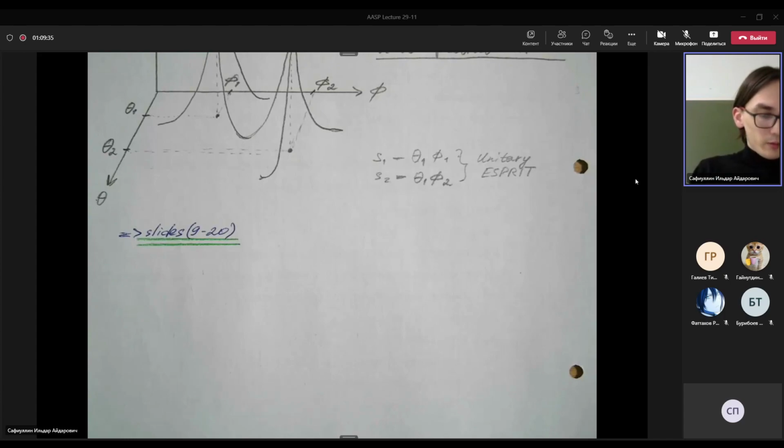And the overall direction of arrival can be represented in the following way.